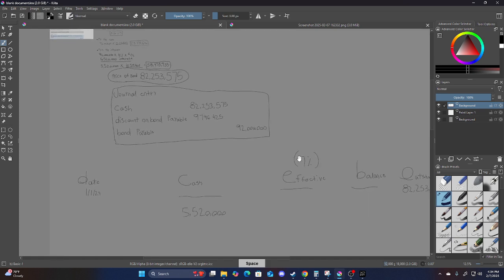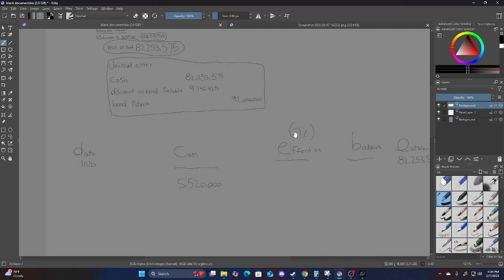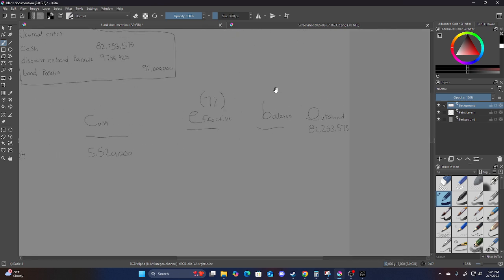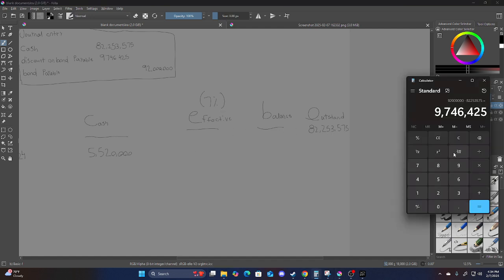Market rate 14%, 7% per payment. And we're going to take the outstanding balance from the previous line, and we're going to multiply it by 7%.